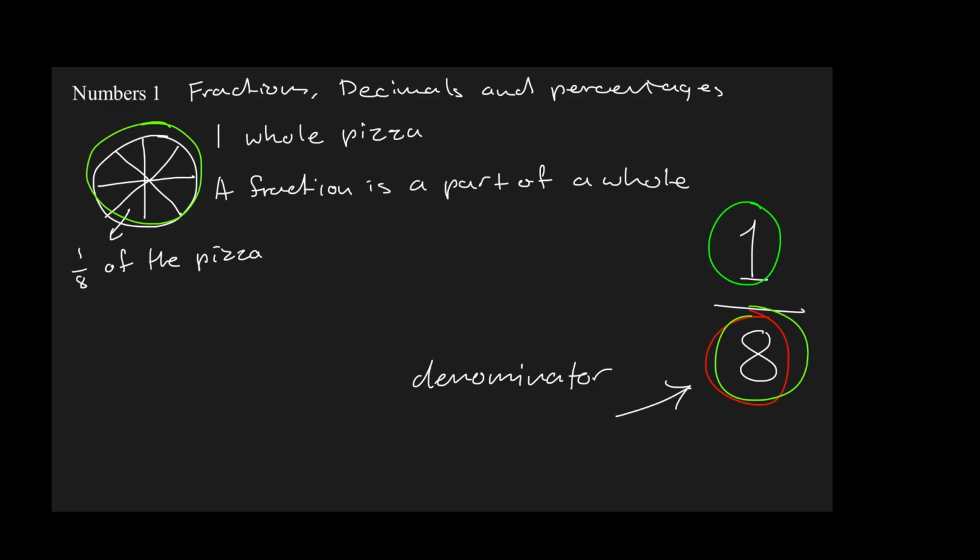And if it was something like a cake that was sliced into 4 pieces because you've got 3 friends and you want to eat some cake as well, then this denominator would be the number 4 and not 8. So it represents how many pieces you need to make the whole. Let me write that down.